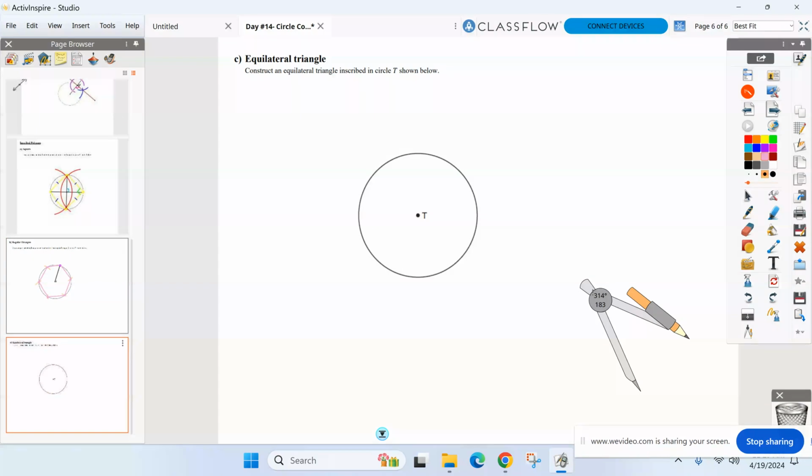I'm just starting with basic equilateral. 3 sides, 3 sides congruent. What have we talked about? That means 3 chords congruent. That means what? 3 arcs congruent. You know how to do 2. You know how to do 4. You know how to do 6 now. Now I'm looking for 3 congruent arcs, so I can draw this equilateral triangle.